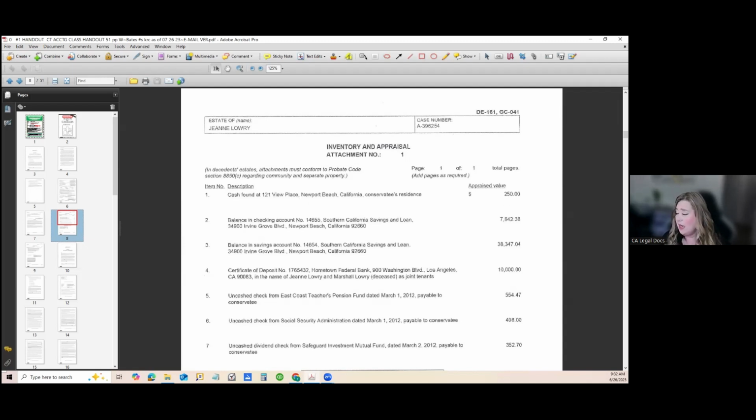I will indicate the dollar amount. Make sure, even if it's pennies or change. Here's the other thing that I state that I myself don't really do: my father had cans and cans and cans of pennies. If you think I was going to sit there and count each doggone penny to figure out what to put on an inventory and appraisal, he had a trust, so I didn't have to do one.